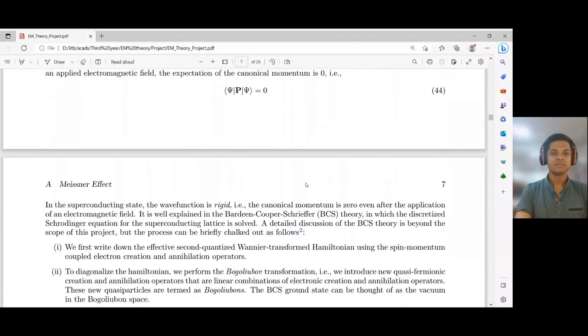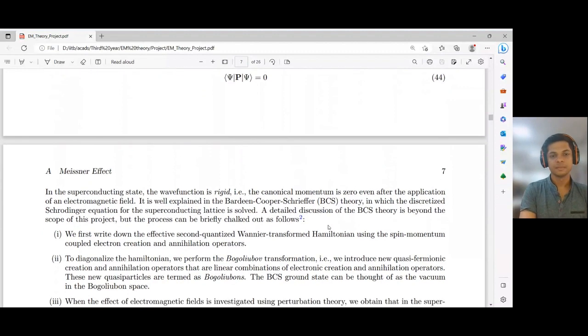But when the material enters the superconducting state, the wave function becomes rigid. This rigidity cannot be explained in detail in this presentation, but I'll briefly chalk out how it is obtained. Rigidity of a wave function means that even after the application of an electromagnetic field, the expectation of the canonical momentum remains zero.